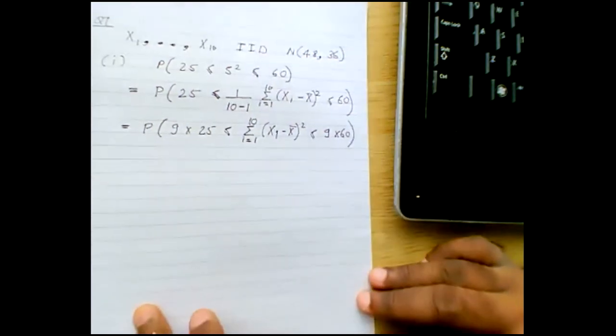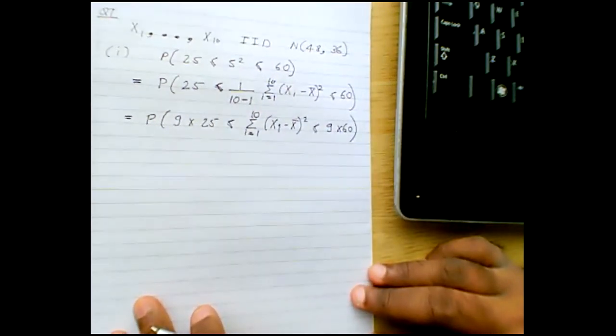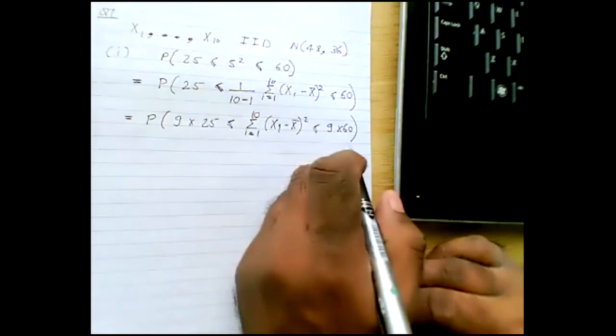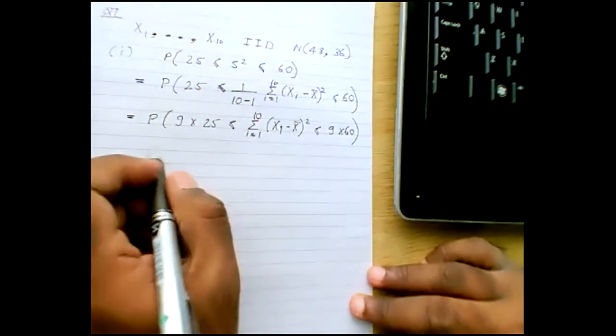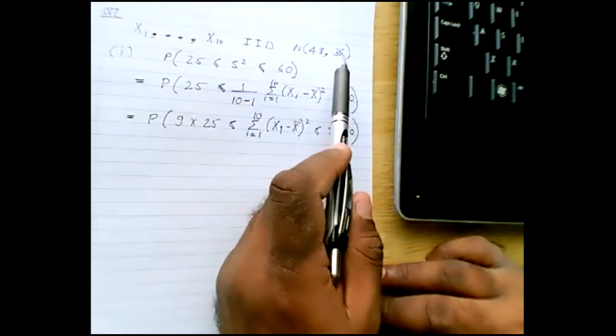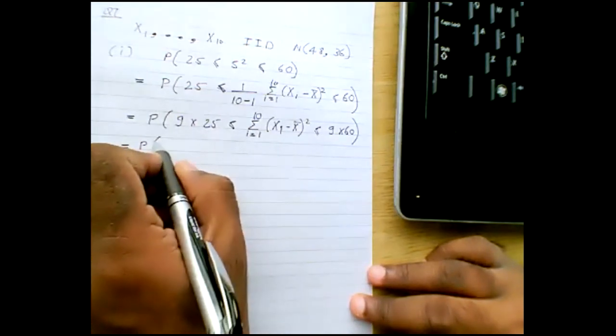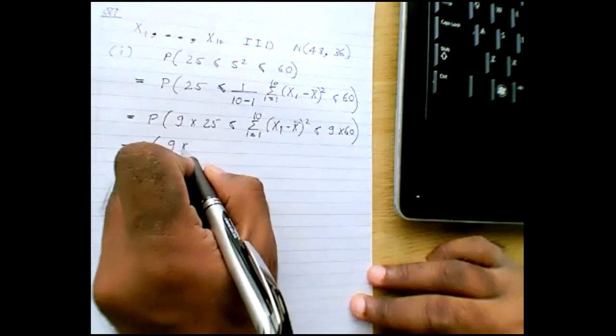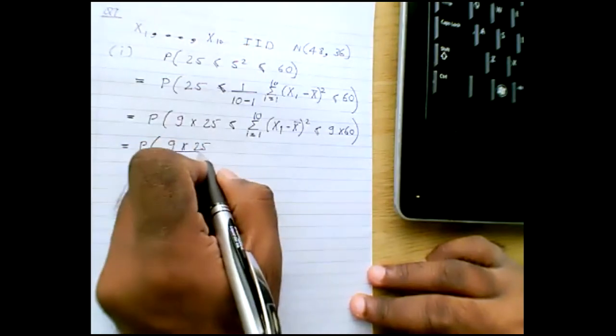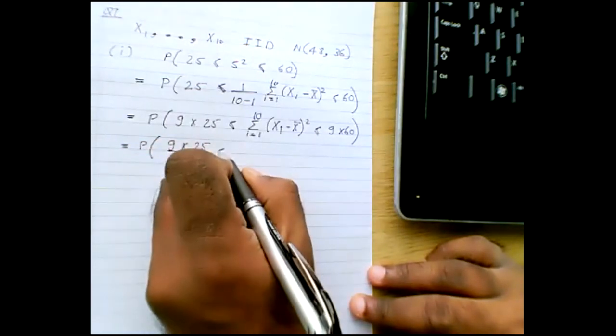Okay, the next thing I'm going to do is divide everything within the brackets by 36, which is the population variance. You will see why I'm doing this in a minute. So I'm dividing by 36 throughout.